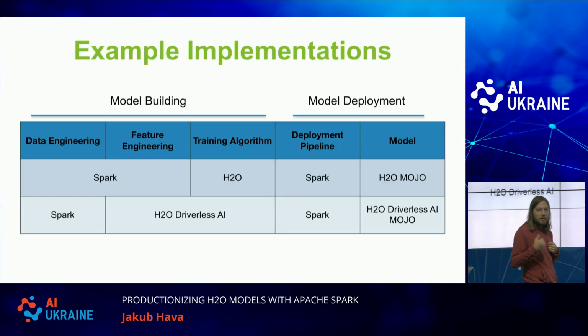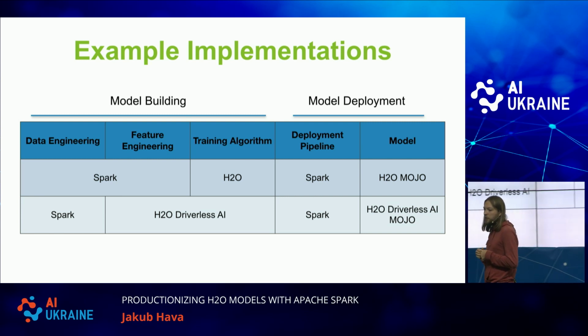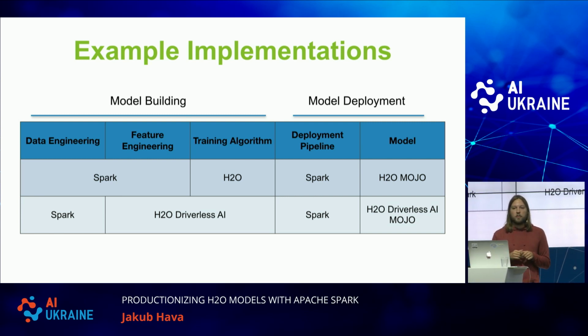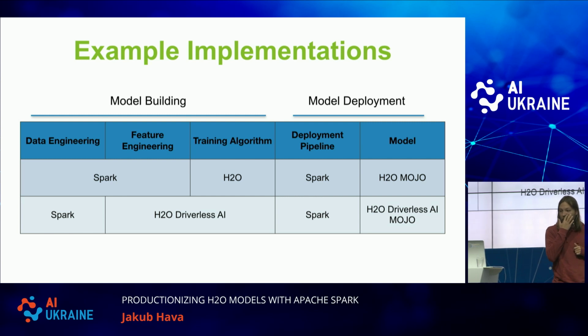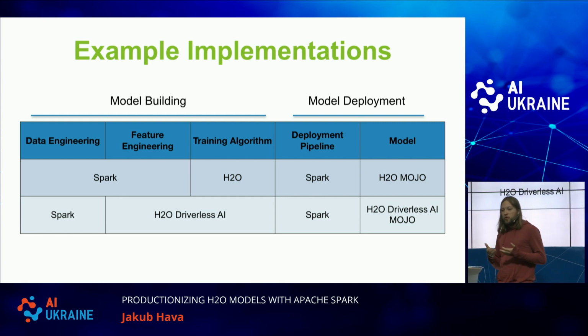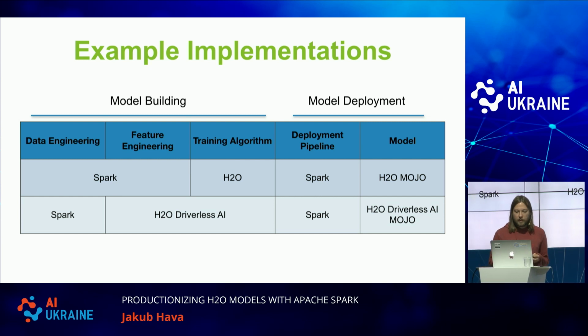This will be the second implementation, again provided by our platform. But this time we used Spark just for the data engineering, so just filtering your data. But for the feature engineering, for example, inferring or creating domain-specific columns, we use H2O Driverless AI, which is a product I'll show in a bit. It's used for automating your machine learning tasks and feature engineering tasks.